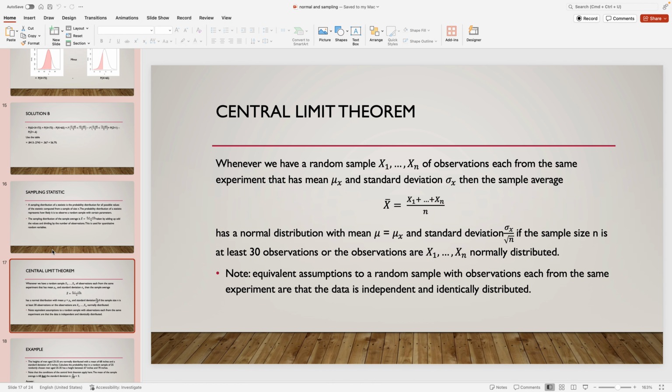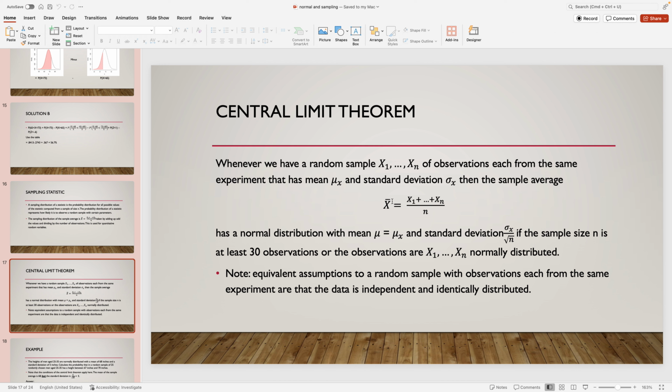So whenever we have a random sample of observations, each with the same mean, mu sub x, and the same distributional standard deviation, and the sample is independent and identically distributed, IID, then the sample average has a normal distribution.